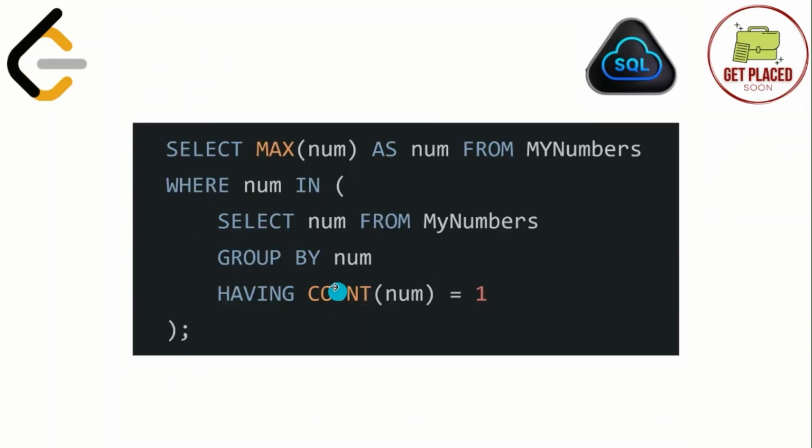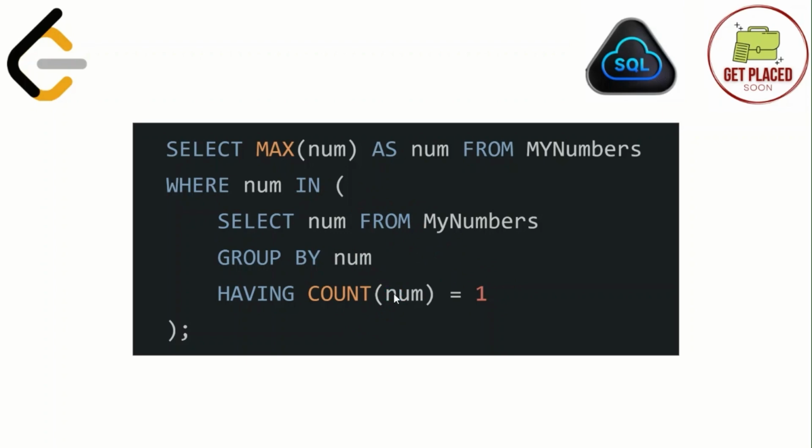We are selecting the column num from the table my numbers and grouping by it. Now we will remove all those having a count more than 1. We will only keep having count of num equals 1. We will only consider the single numbers. So this subquery is focusing on calculating the single numbers.